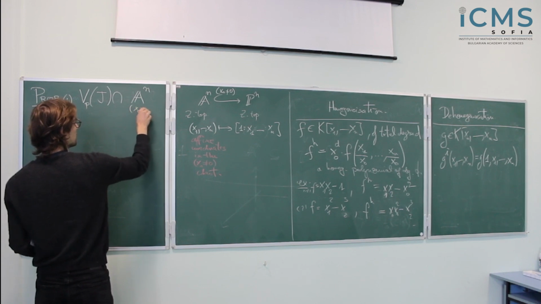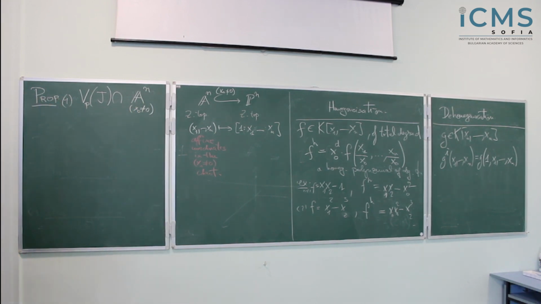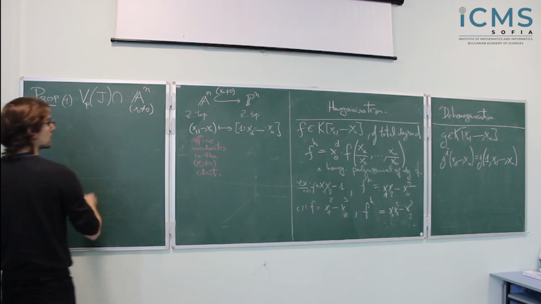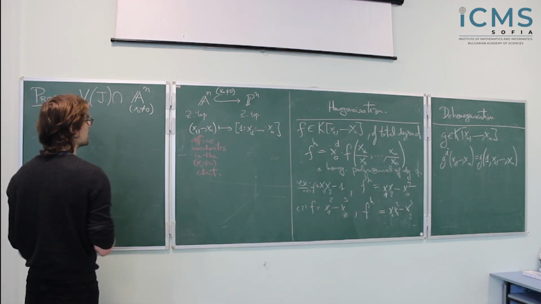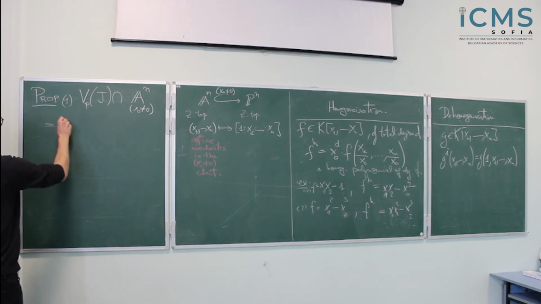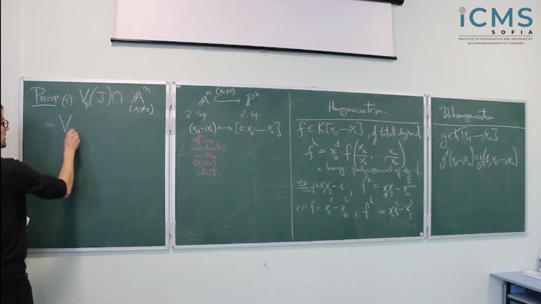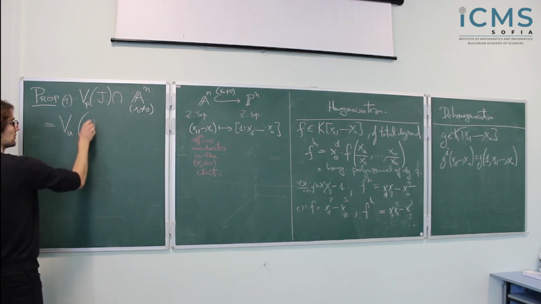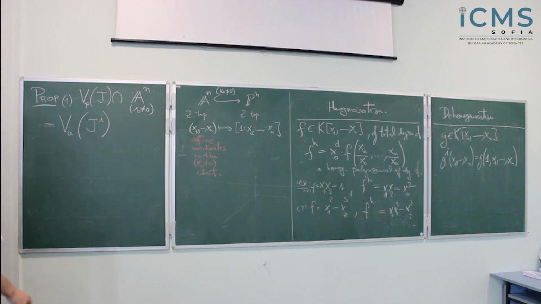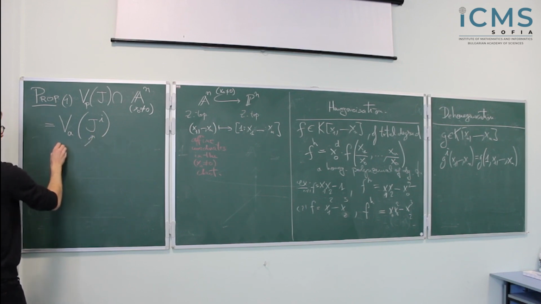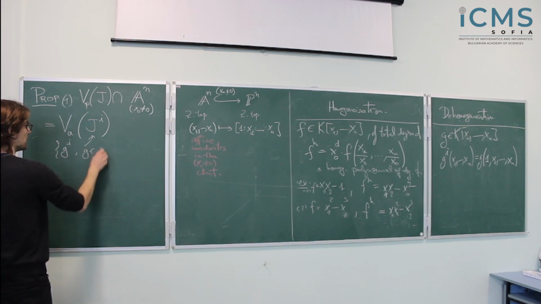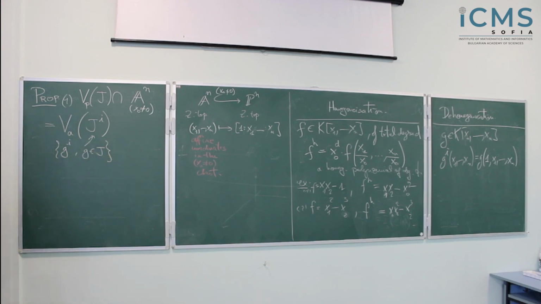Well, if I want to consider it as an object of the affine set, this will only be the affine part, where this is just G of A, inside of G.